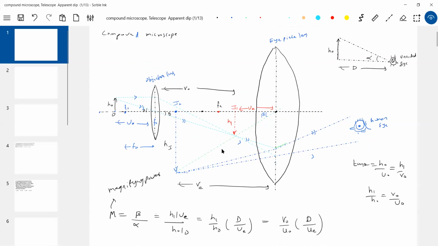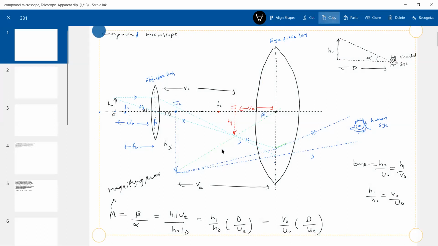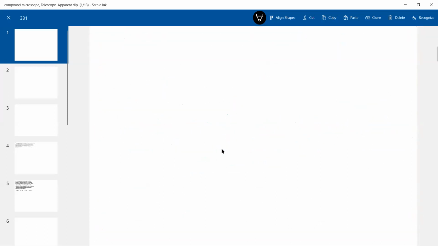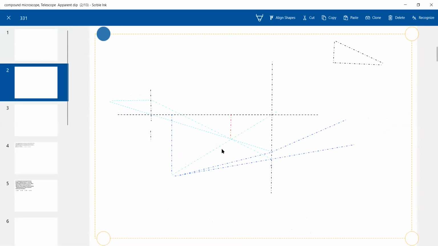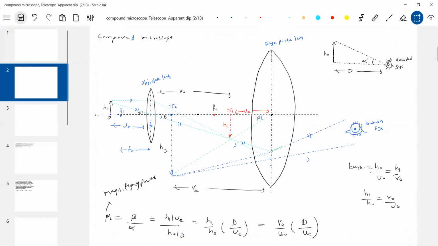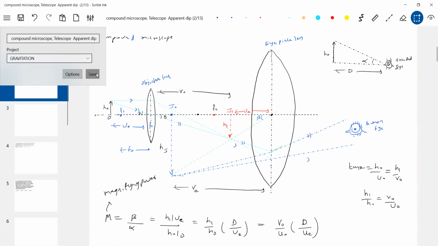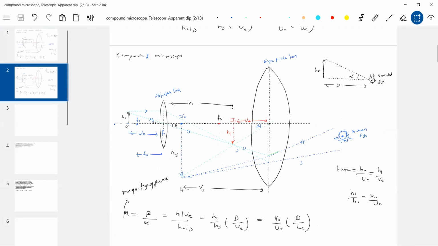I'll take the same diagram. Okay, this I'll write as capital D.